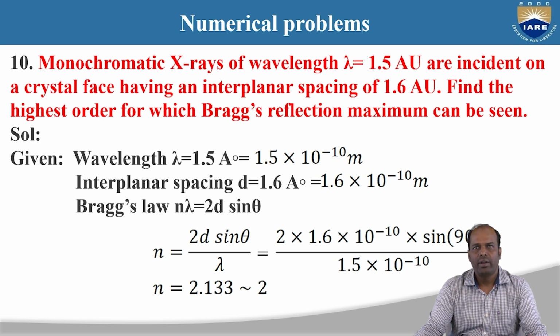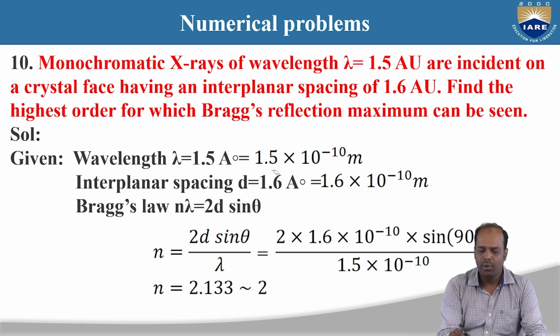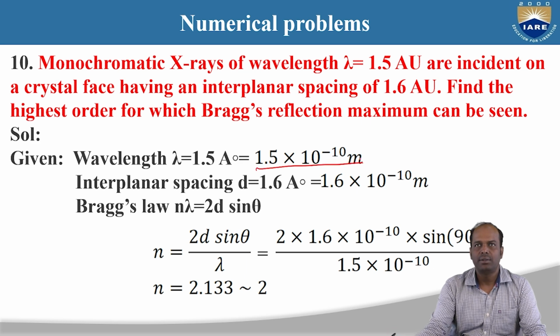Monochromatic X-rays of wavelength, lambda is equal to 1.5 angstroms. 1 angstrom is equal to 10 to the power of minus 10 meters. Then they are given, incident on a crystal phase having interplanar spacing 1.6 angstroms.